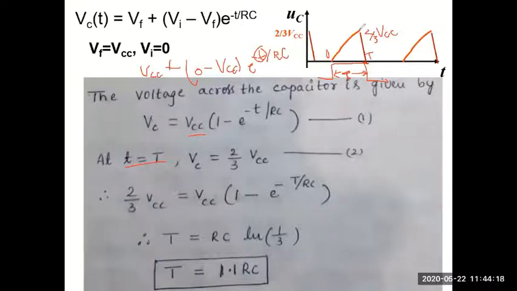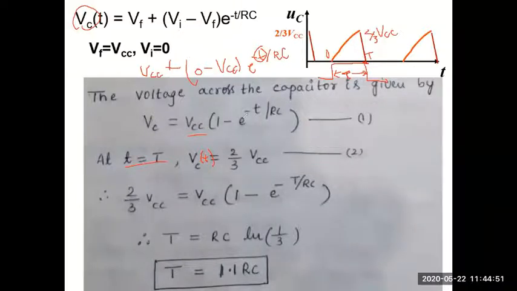At this point, before the output changes to 0, the charge on the capacitor will be 2 by 3 Vcc. So for Vc, the instantaneous voltage across the capacitor, Vc of t, we should substitute 2 by 3 Vcc. When will it be 2 by 3 Vcc? At the end of this timing cycle T.